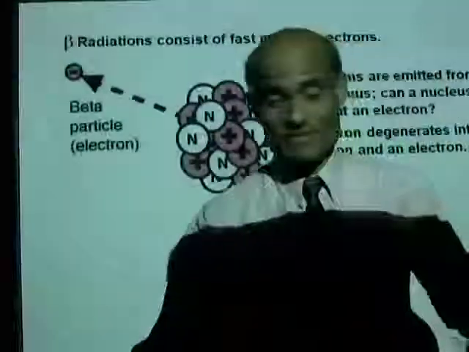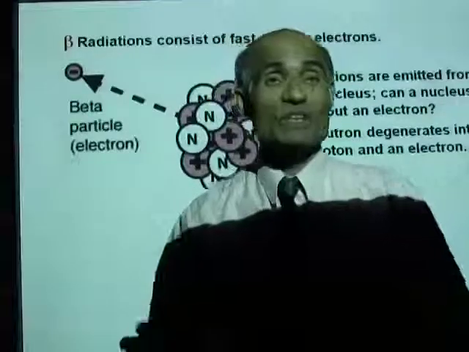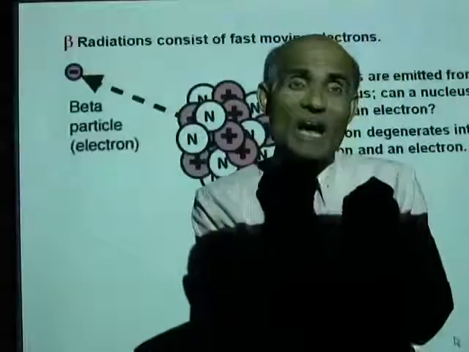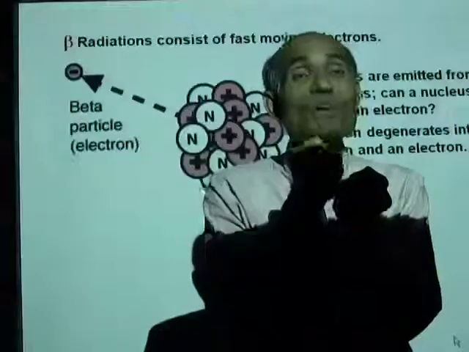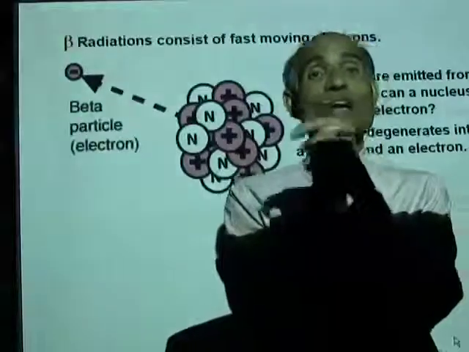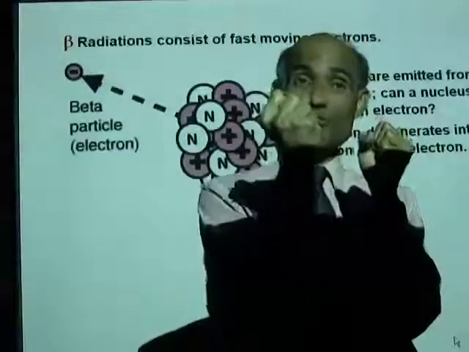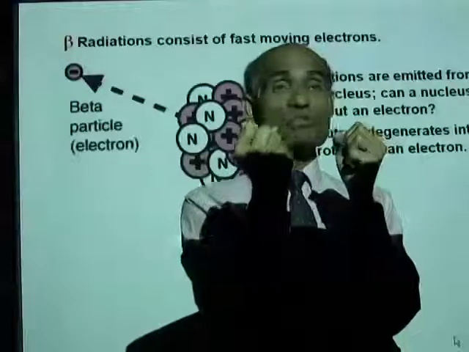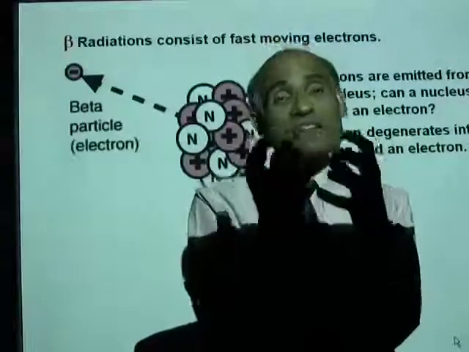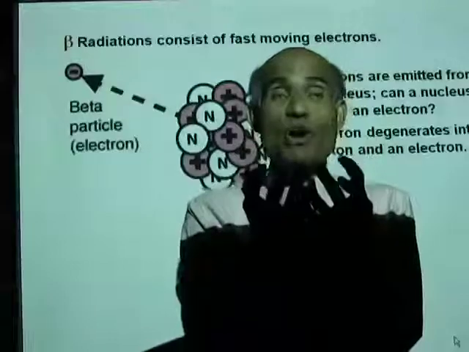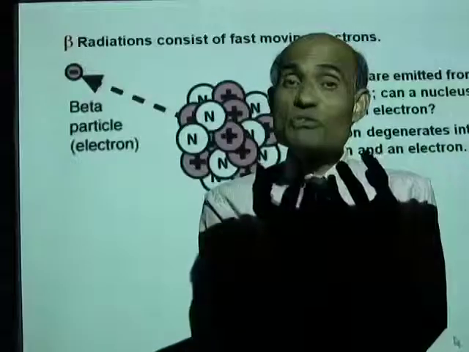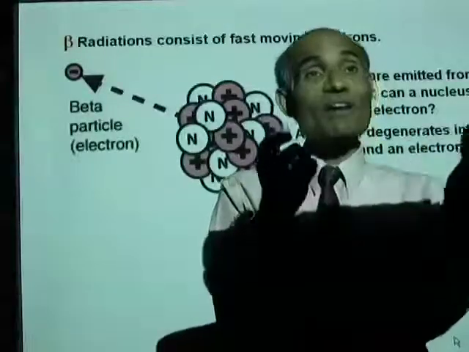What happens is, inside the nucleus, the proton and neutron do not always remain as proton and neutron. A neutron doesn't remain as a neutron forever. It changes identity. A neutron can split into a proton and an electron.